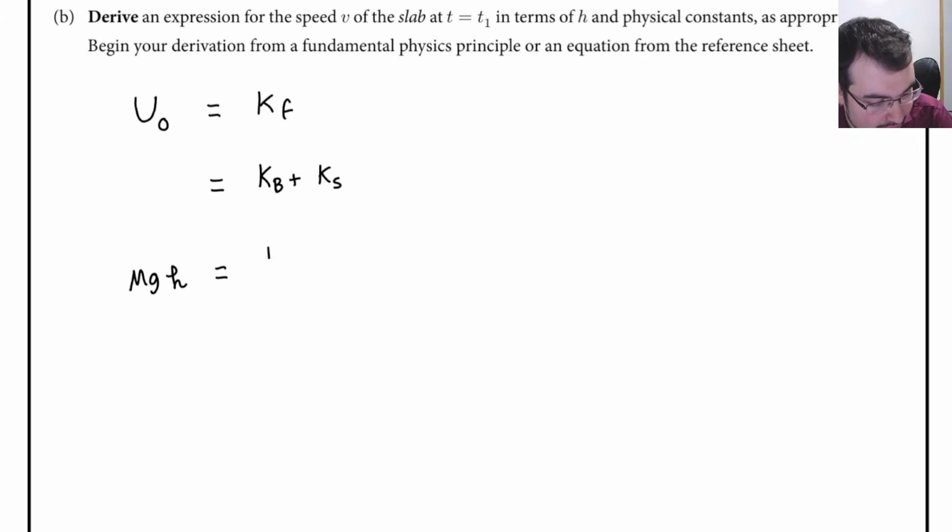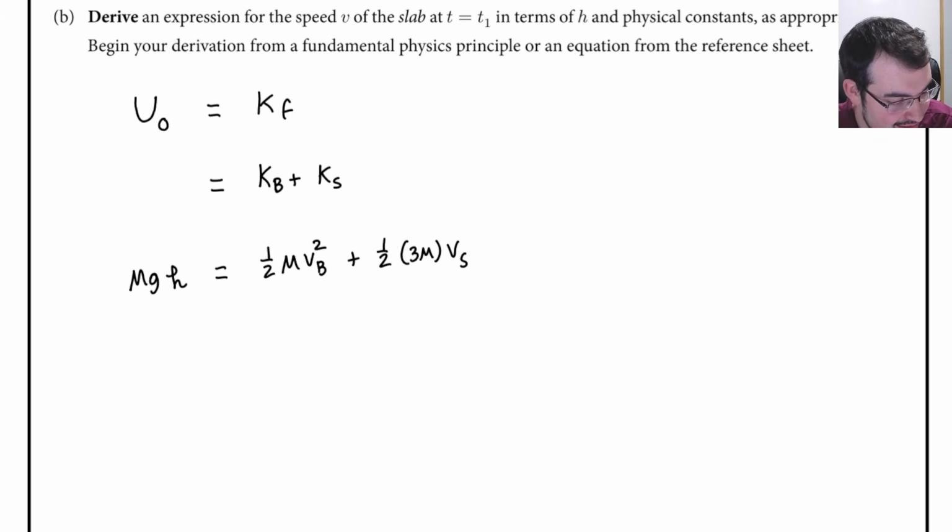And then for the block, its kinetic energy will be 1/2 mv squared. And then I should actually match my letters. My kinetic energy for the slab is going to be 1/2 times the slab's mass times the slab's velocity squared. And I can't assume that these are the same, and we'll see why they can't be.